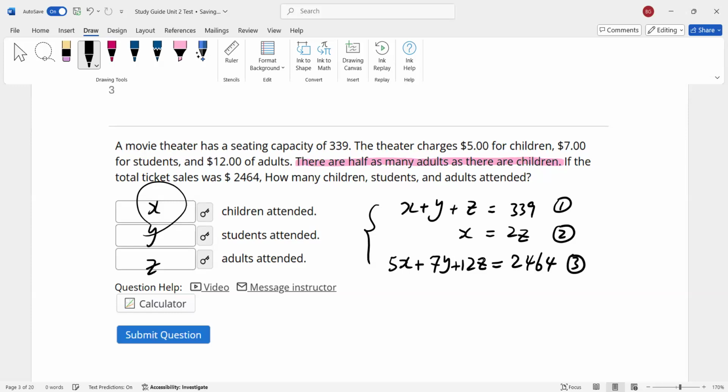27. A substitution method would be a good method because of this equation, right? Variable x is already written in terms of z.